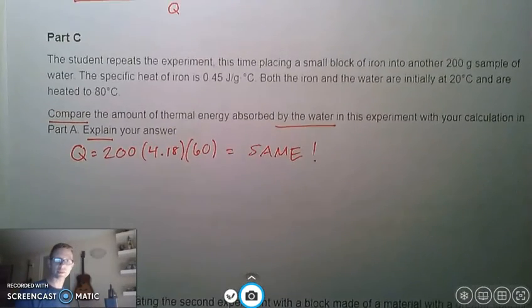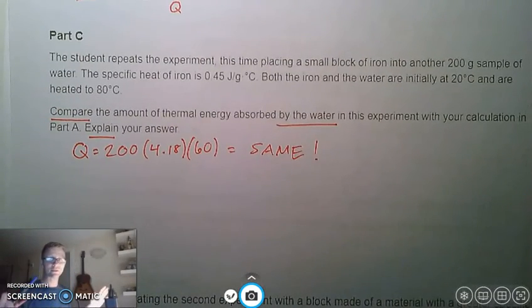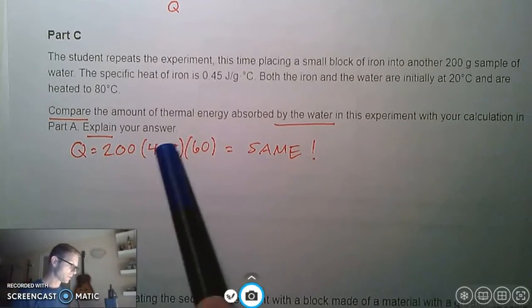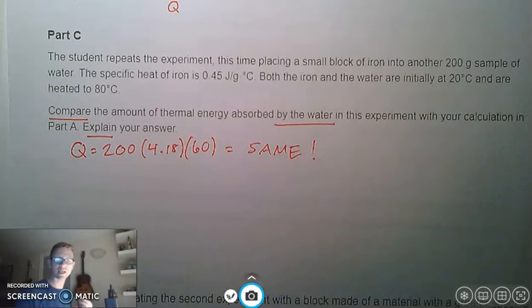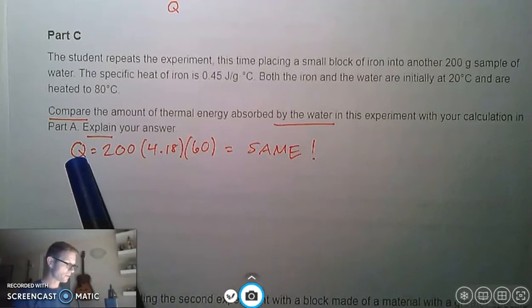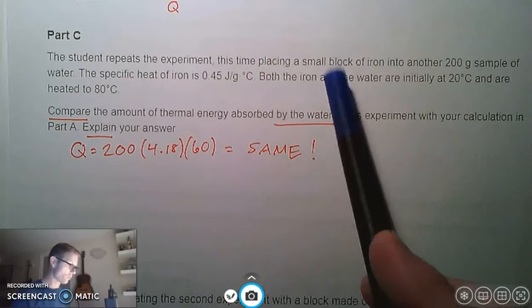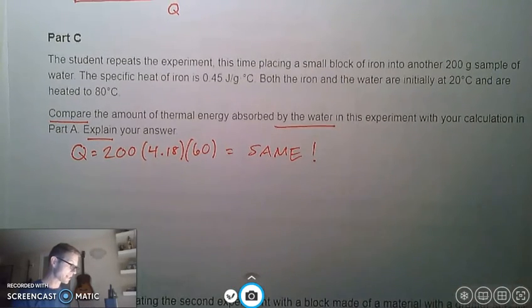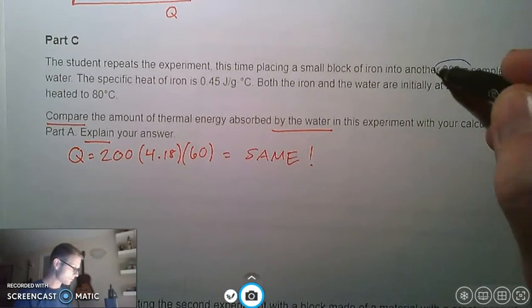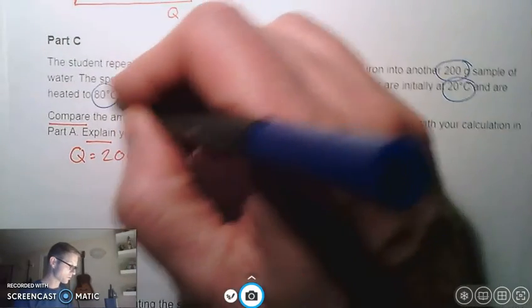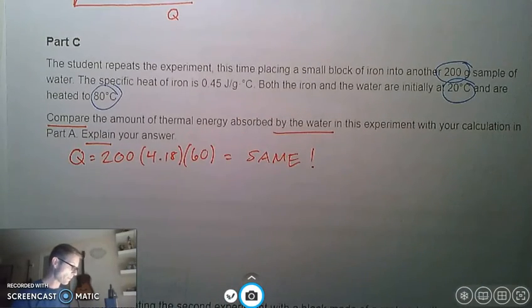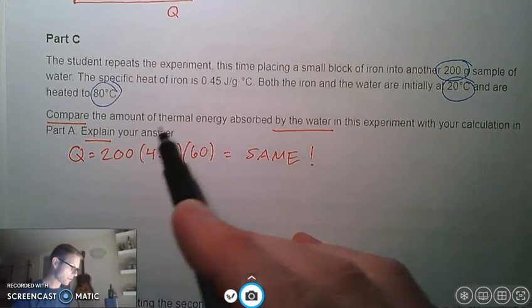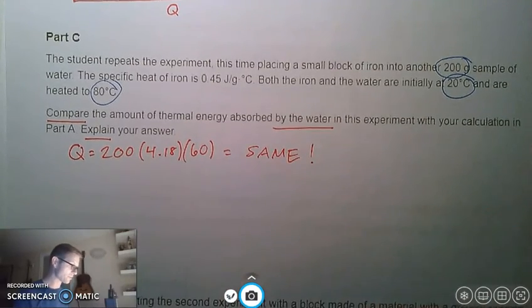Part C, I'm going to be honest with you, it's kind of weird. I don't know what they're getting at here. I think it's more about Part D. But if you look at the numbers, I had to read this 3 times, and all they're saying is, the same exact sample, same mass of water, and the same temperatures, 20 to 80, and it's water. So they say compare the amount of thermal energy absorbed.